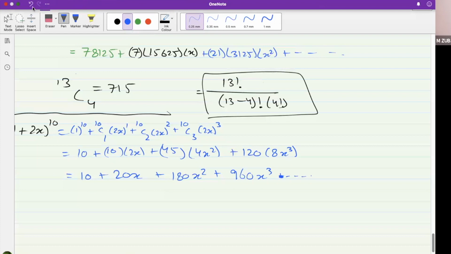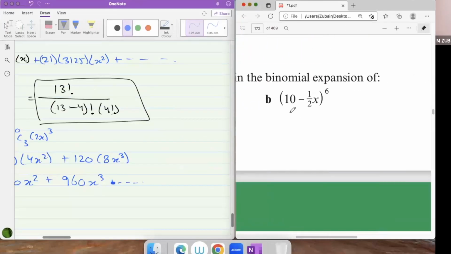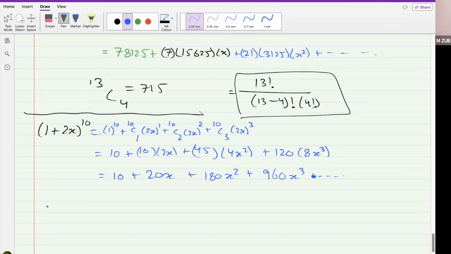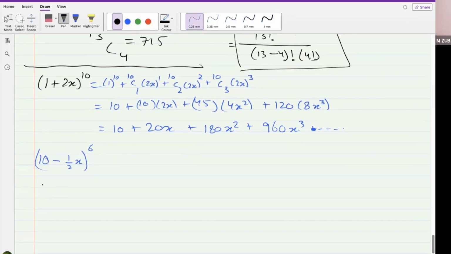Let's try another example. The second example says (1 minus x/2) and the power is 6. It will take less space if we write x by 2.